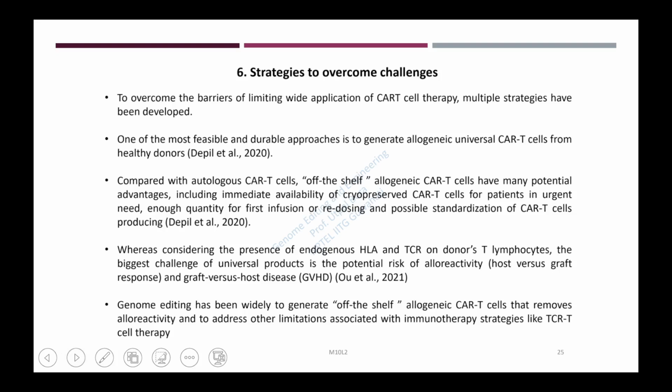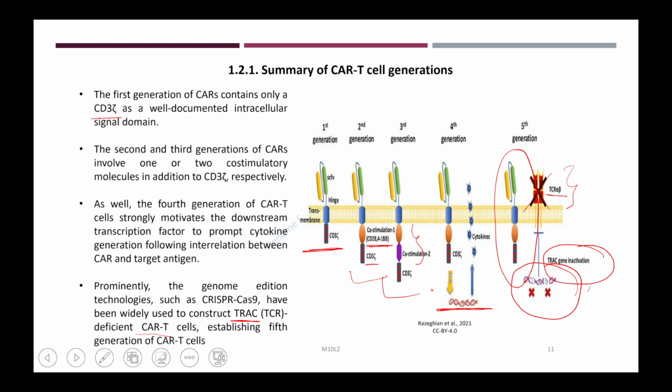There are also some challenges which need to be overcome. As I mentioned earlier, these kinds of receptors on the T cells cause autoreactivity or alloreactivity.